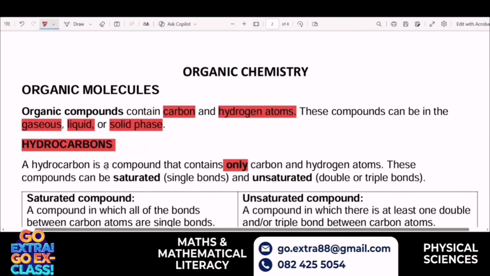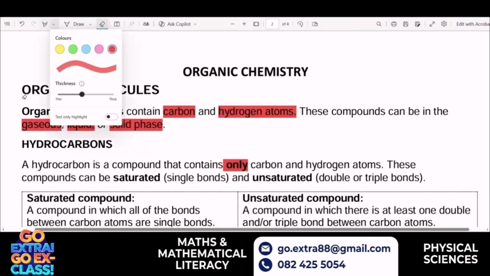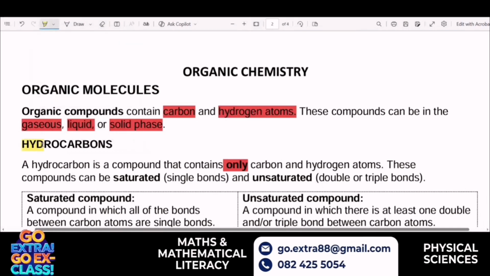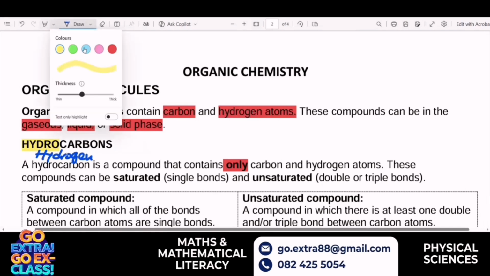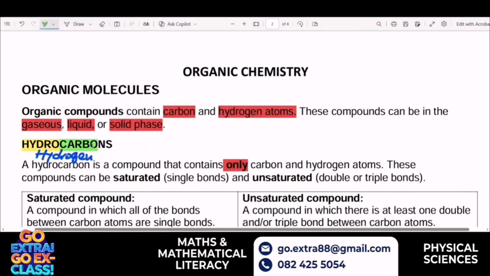The word hydrocarbon is made up of two words: hydro, which comes from hydrogen, and carbon.